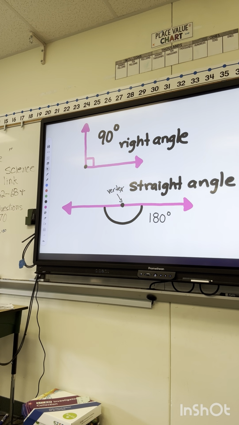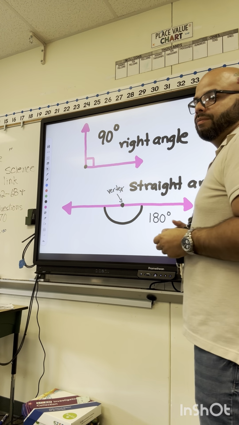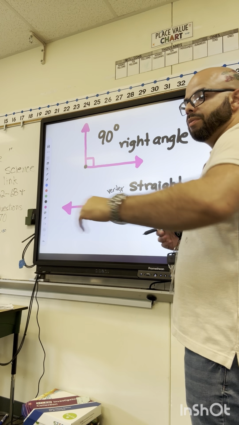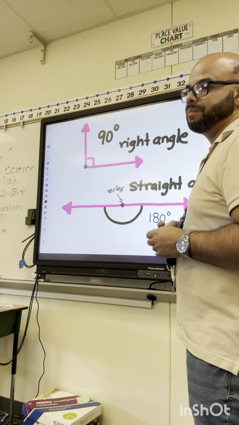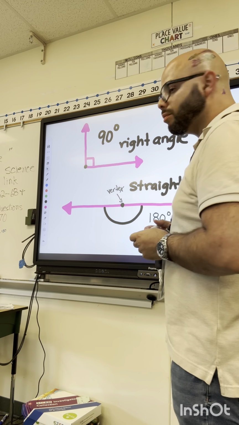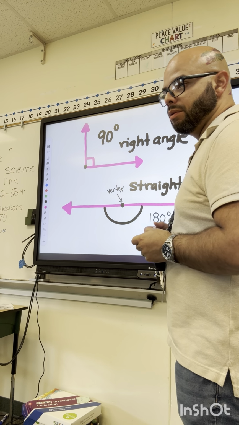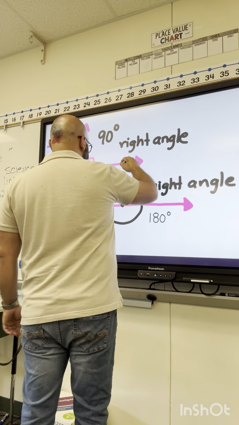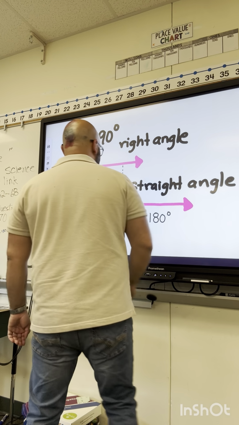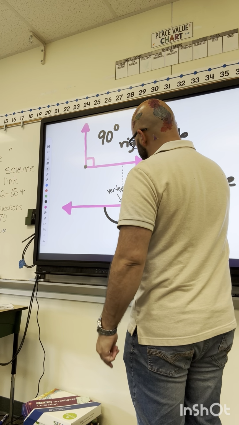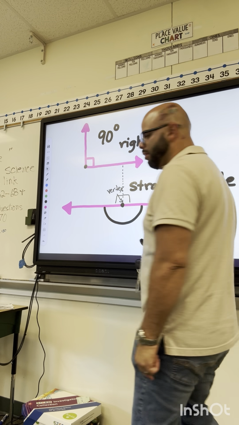Can you create a right angle inside a straight angle? Yeah. How would you do that? You could just draw a line straight up from the vertex. Straight up, right? Good job. So if I draw a straight line up from this vertex here, I'll have a 90-degree angle here and a 90-degree angle there.